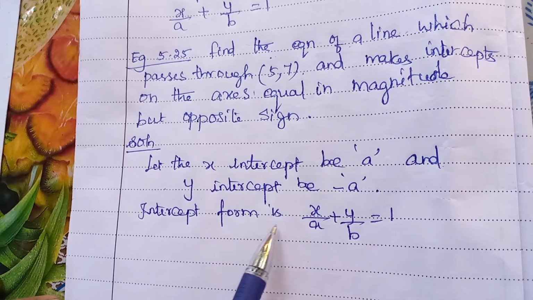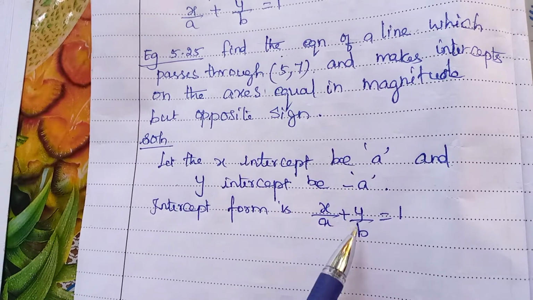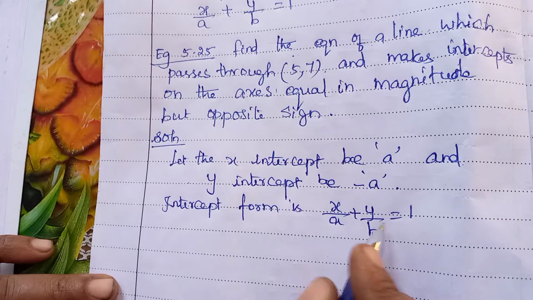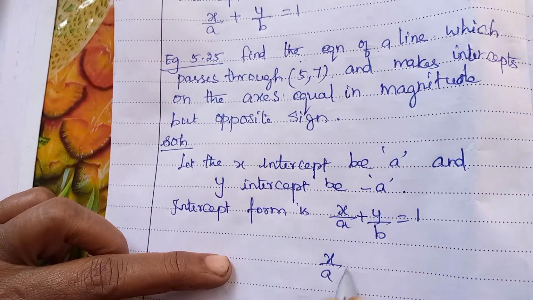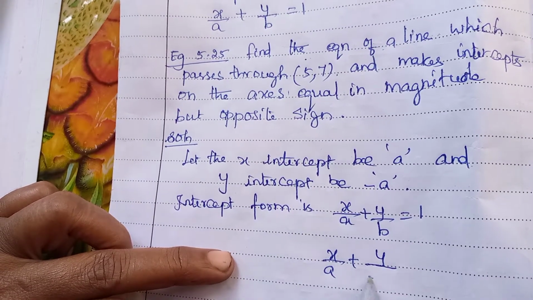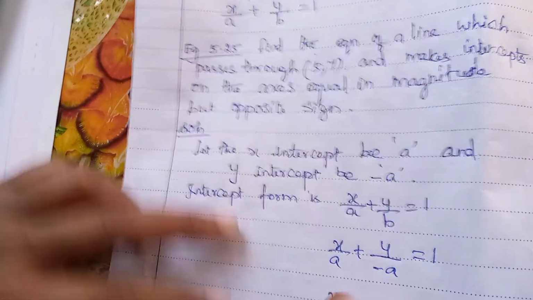Okay, so let us write the intercept form formula: x by a plus y by b is equal to 1. Here the second intercept, the y-intercept, we have taken as minus a, so it becomes x by a plus y by minus a equal to 1.